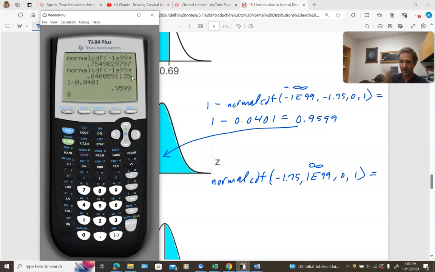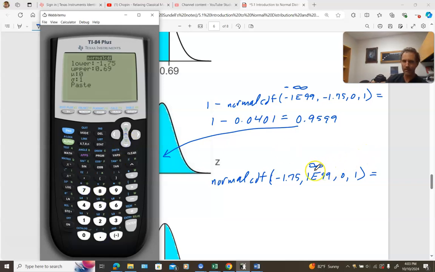Used to, you had to find the area to the left and subtract that from 1 to get the area to the right, but you don't have to do that anymore. So I'm just going to completely redo this one, because my lower bound, I want to delete that negative. Okay, so now the lower bound is negative 1.75. Yeah.